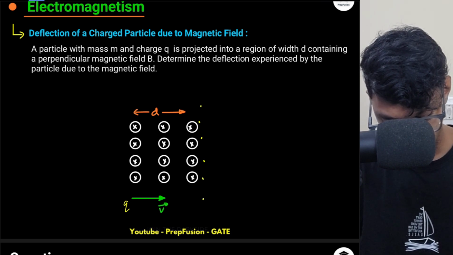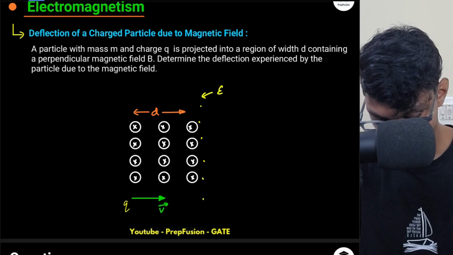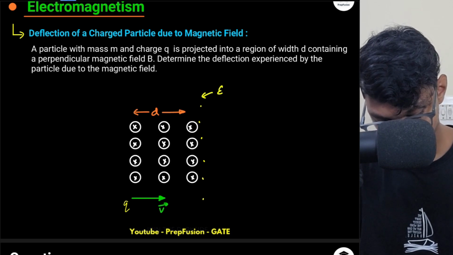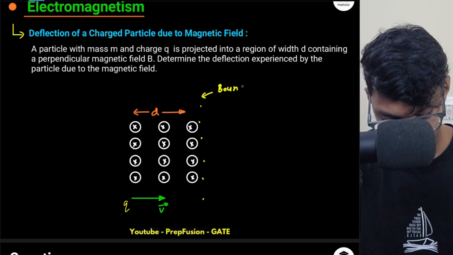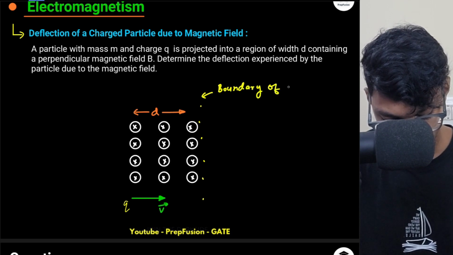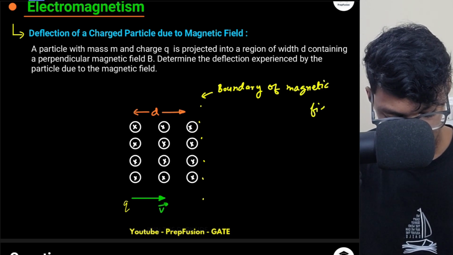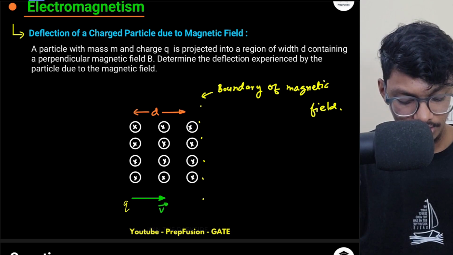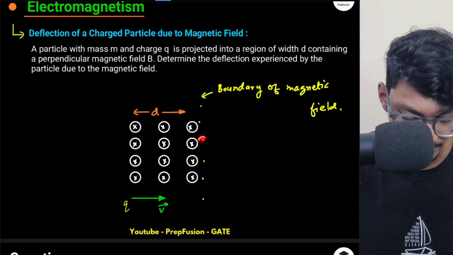This is the boundary of the magnetic field. After this, the magnetic field stops. Can you tell me what will happen when this particle reaches this point?